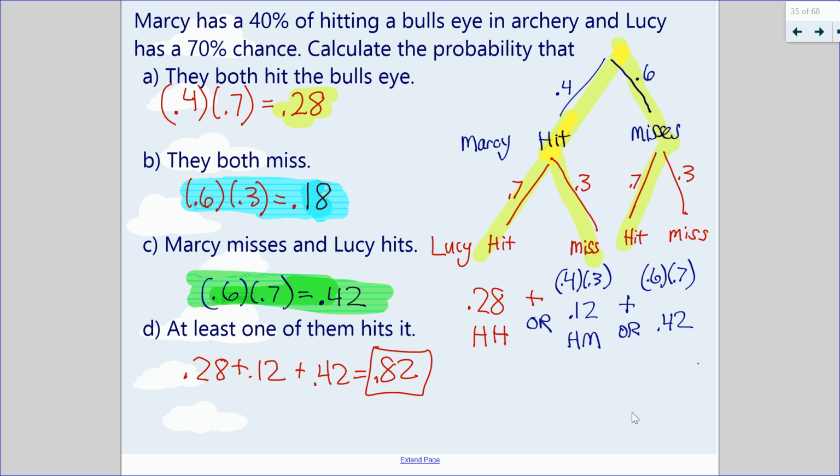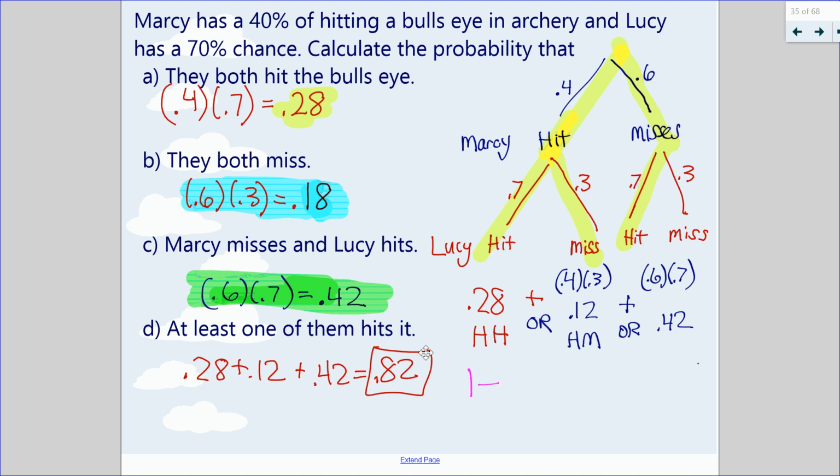But there's a really fast way to do this that doesn't involve all this math. You could do the complement. The complement would be 1 minus the opposite of this. So 1 minus at least one of them hitting it. So what's the opposite of at least one of them hitting it?